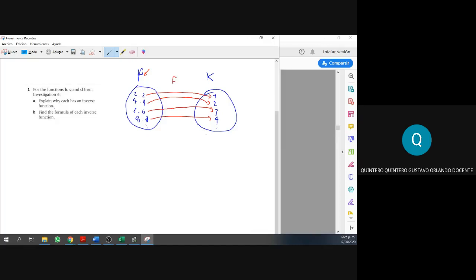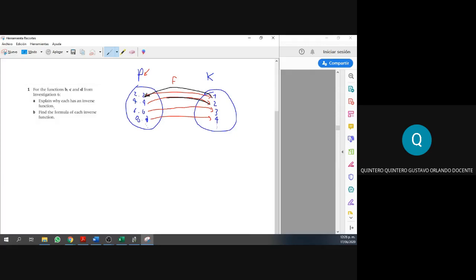F is a function. Does this have an inverse? Yes or no? Well, yes, this has an inverse because the inverse means going backwards. Going backwards means instead of from 2.2 going to 1, you're going to go from 1 to 2.2. The idea is go back in the same line.